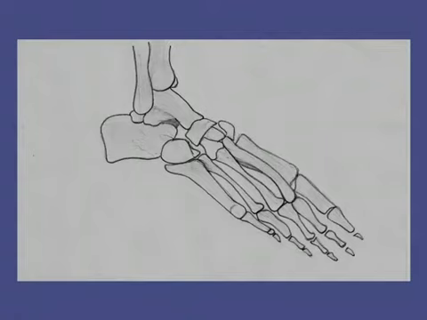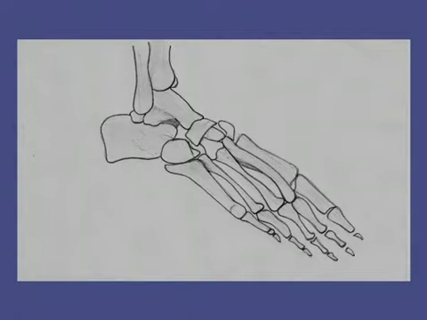Flexion and extension we already discussed. Abduction means away from the midline, and adduction means towards the midline. So these are the movements available in the metatarsophalangeal joint.